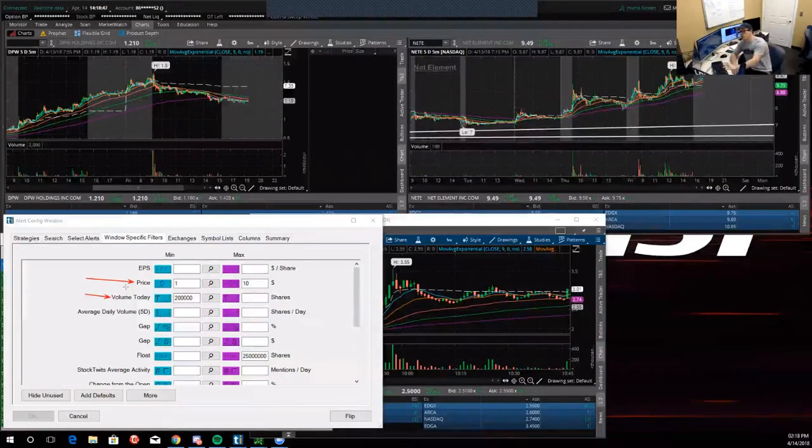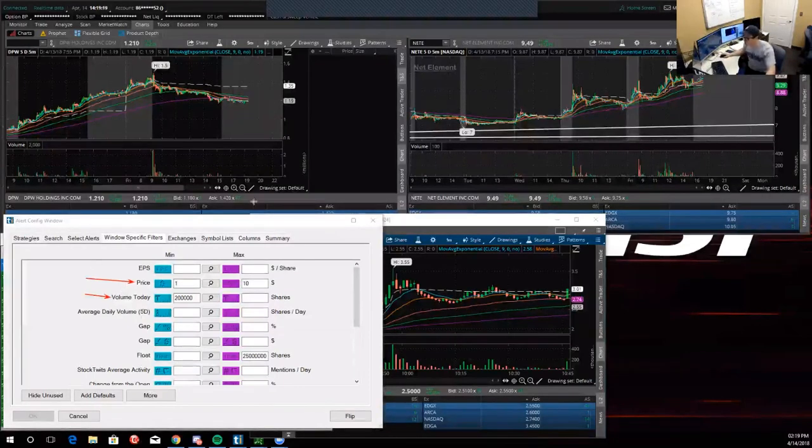This scanner kind of minimizes the search results, because in the previous one we scanned for lower volume so we could pick up a lot of other lower volume stocks. This one we scanned for 200,000 shares, so it will pick up stocks that have at least traded 200,000 shares of volume. So we wean out or decrease the amount of search results we get because we're scanning for more volume, and we'll keep aside those smaller volume traded stocks.